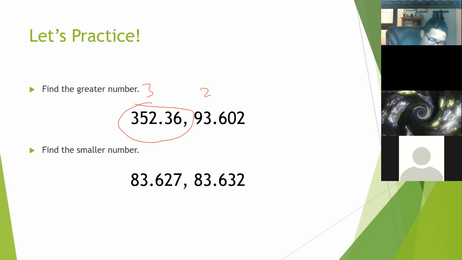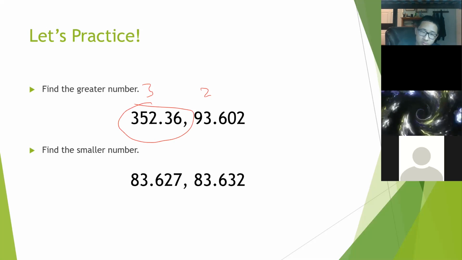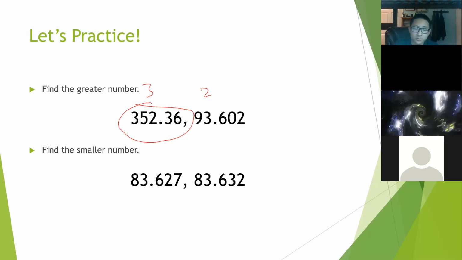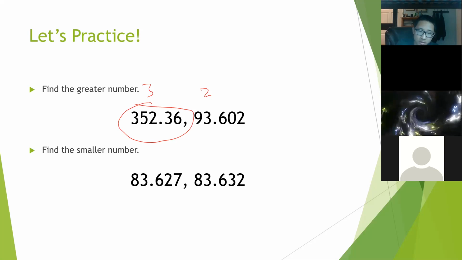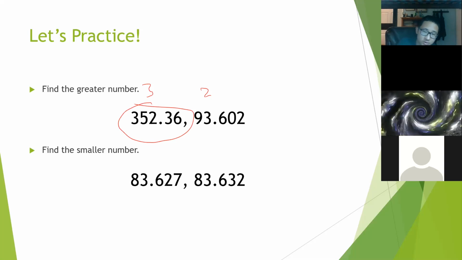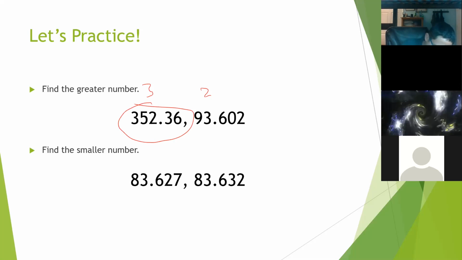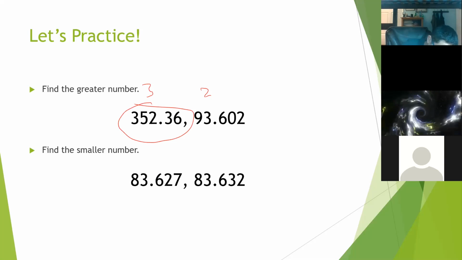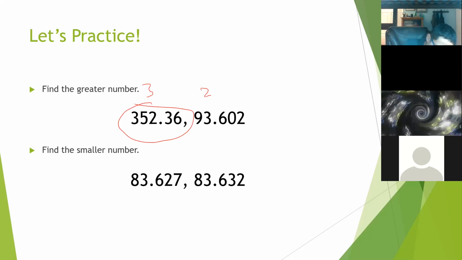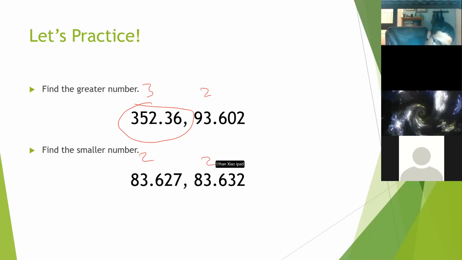Next one, we're going to find the smaller number. Guys, when you're doing math problems, make sure to read the question and remember what they're asking you to do. Some of you sent the greater number, which is wrong because this question is asking you to find the smaller number. So I'm just going to do this right now. First, we count the number of digits in front of the decimal point, and since they both have 2, we're going to look at the first digits.